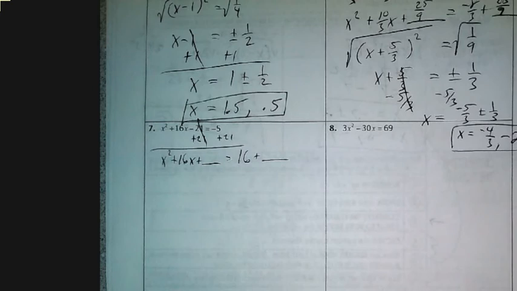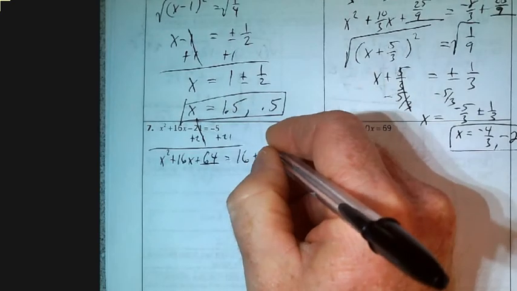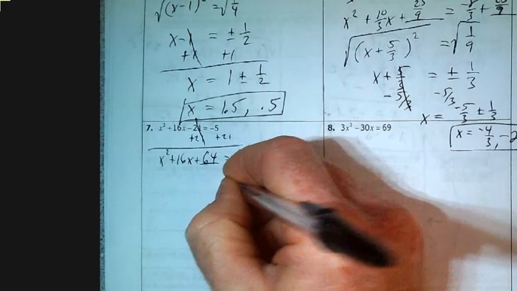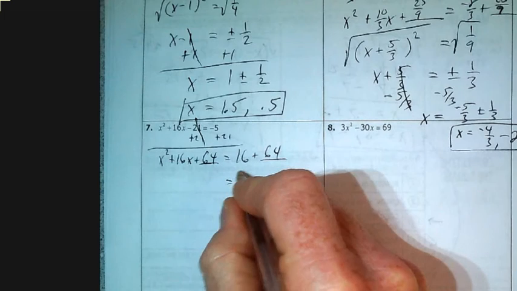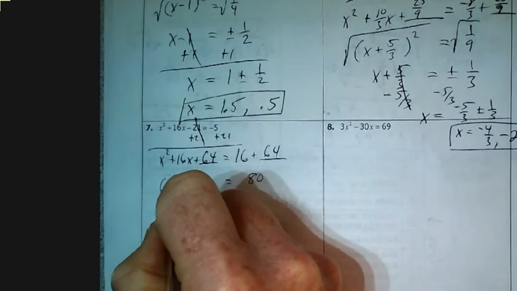Now take half of 16, which is 8. 8 squared is 64. So 16 plus 64 is 80. And then on the left side, x plus 8 squared.